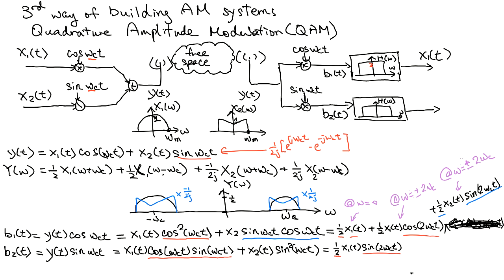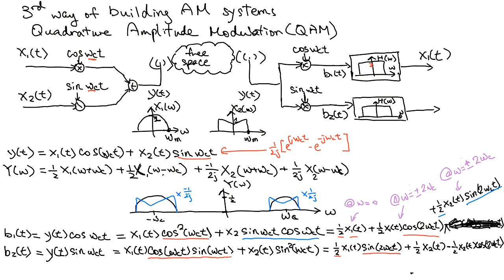And then you will have half of x2(t) minus half of x2(t) cosine 2 omega_c t.